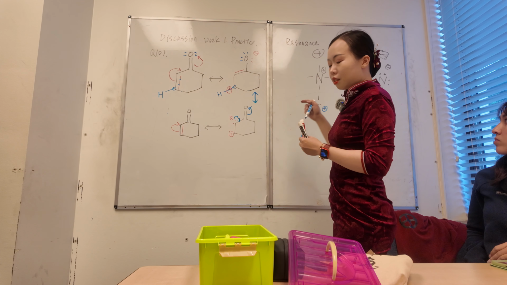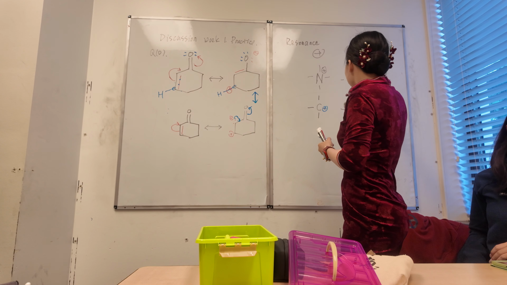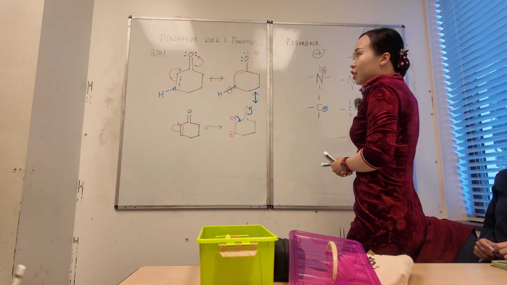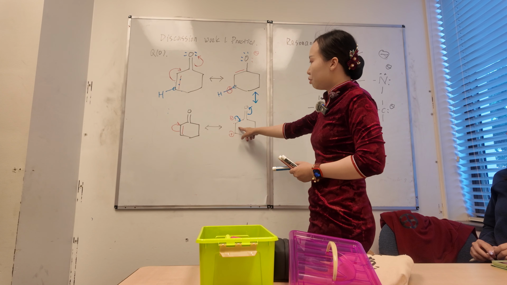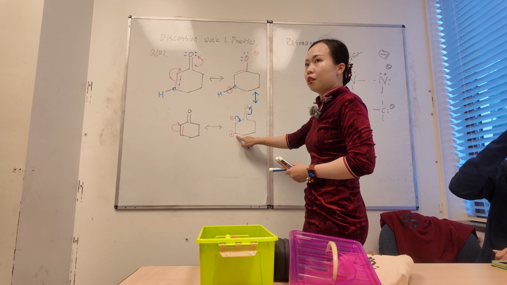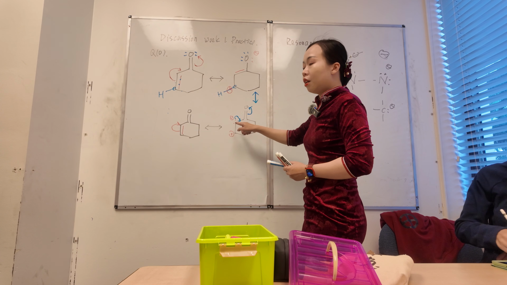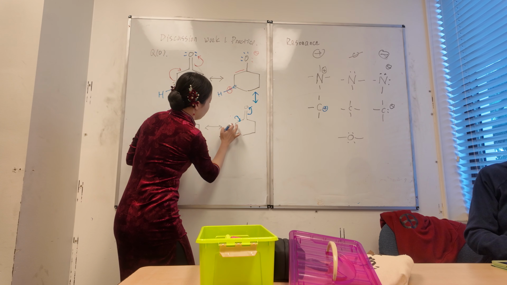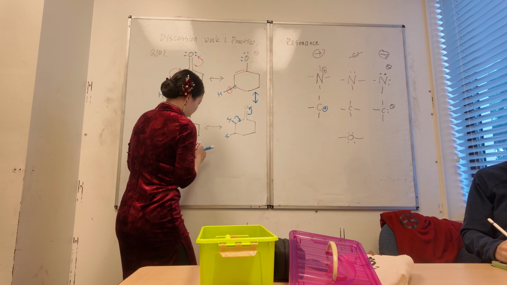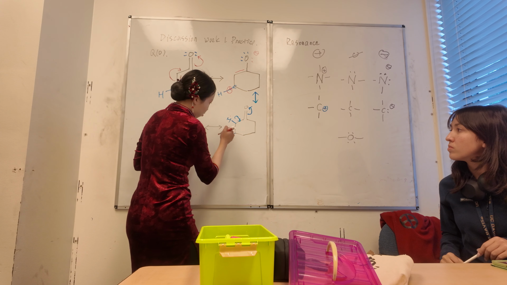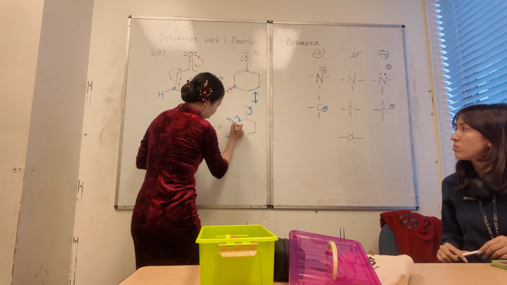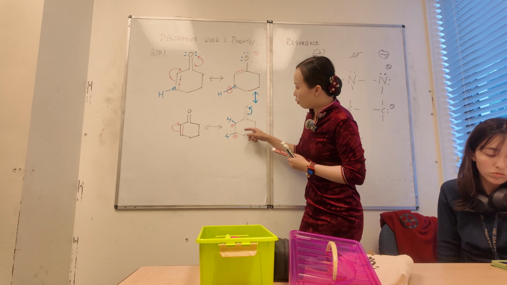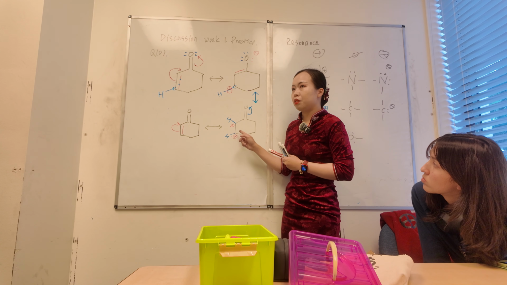Keep in mind, positive and negative, they're both bound to 3 different things. But the negative has another pair of lone pair. It's actually a good example to show this. What's the difference between this one and this one? There's a pair of lone pair. I drew out all the things bonded to both carbons.